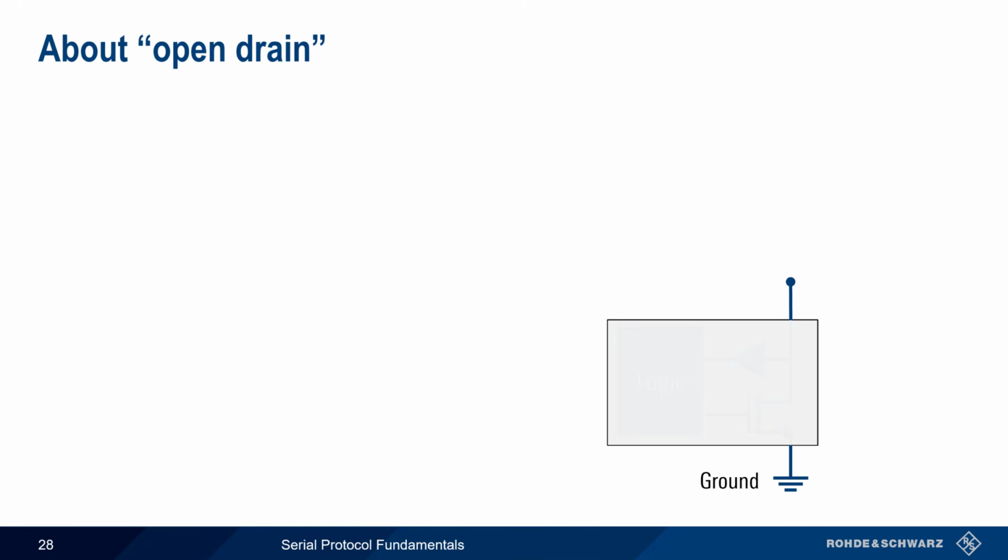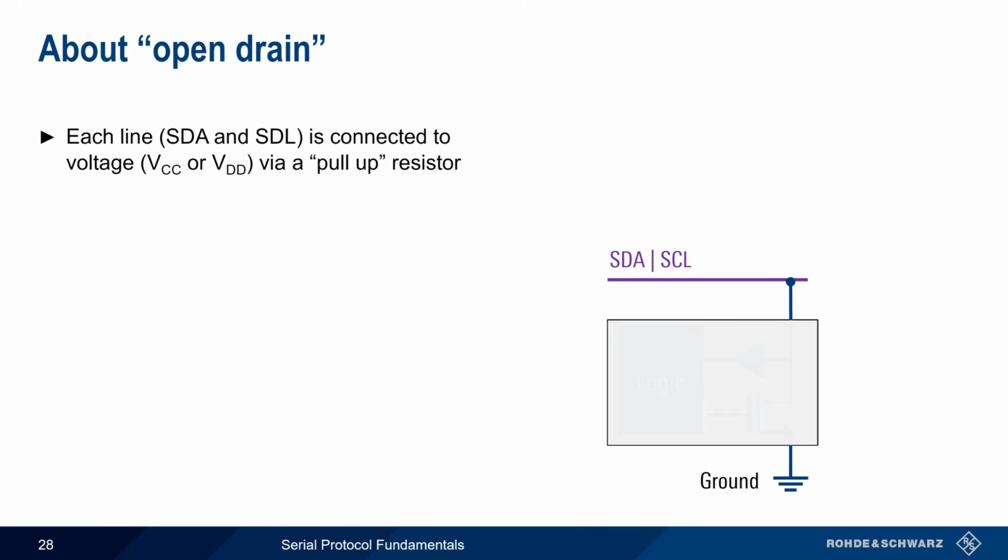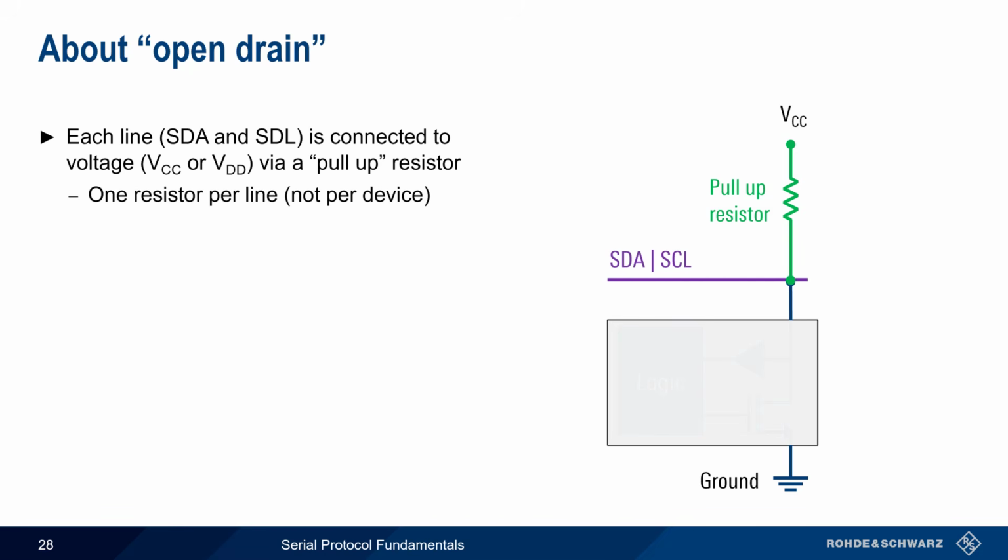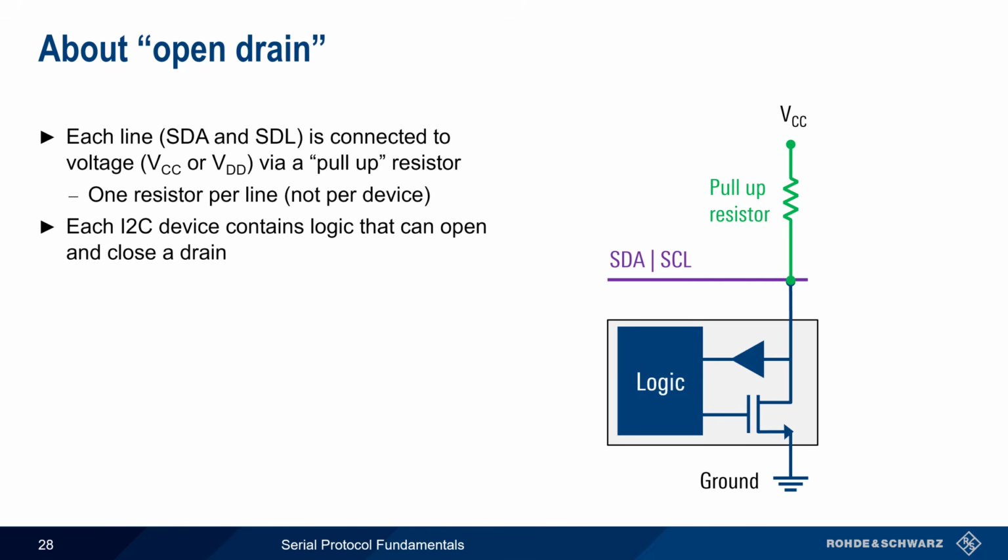Let's now come back to the role of the pull-up resistors in I2C. As we know, SDA and SCL are both normally high, and this is because each of these lines is connected to a voltage via a so-called pull-up resistor. Note that there's one resistor per line, not per device. Each I2C device contains logic that can open and close a drain.